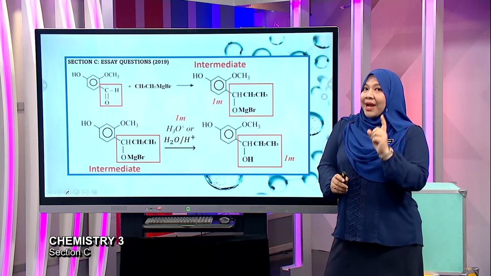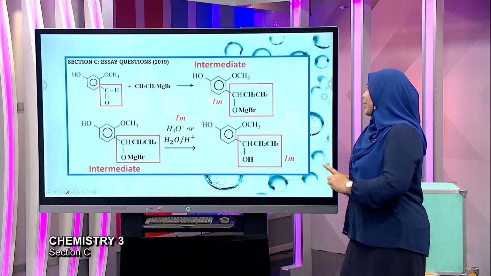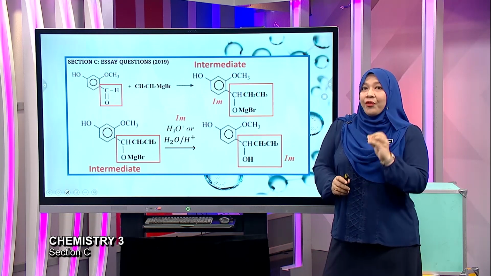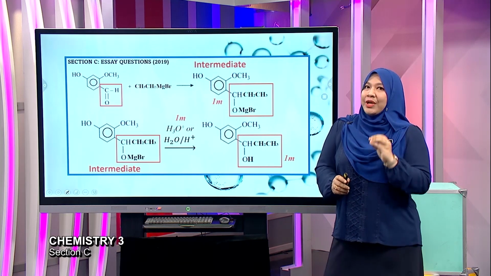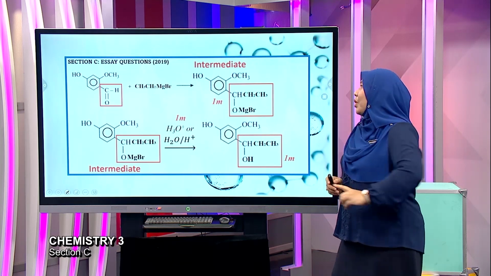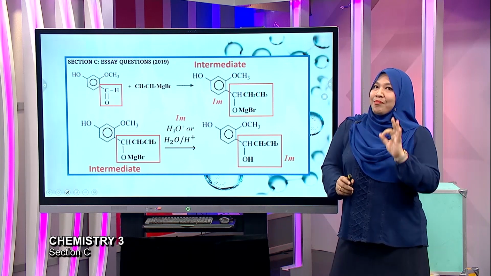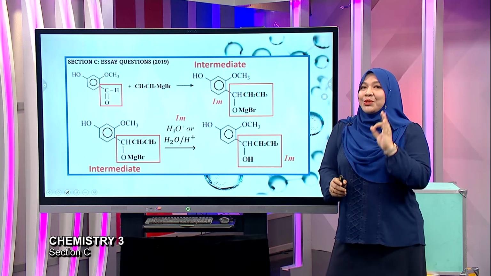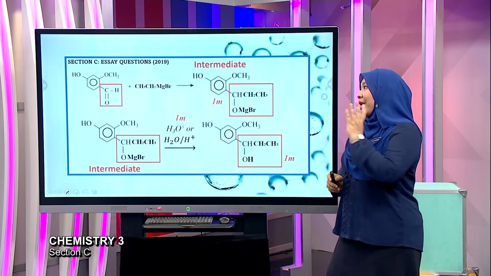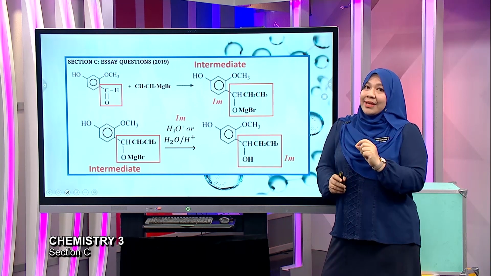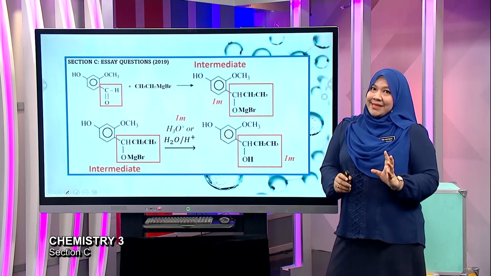And then the final mark you will get is the correct structure of the final product, which is the alcohol. So overall here you get 3 marks. Even though they ask you to write a chemical equation, as you can see from the sample answer, it is not the case.